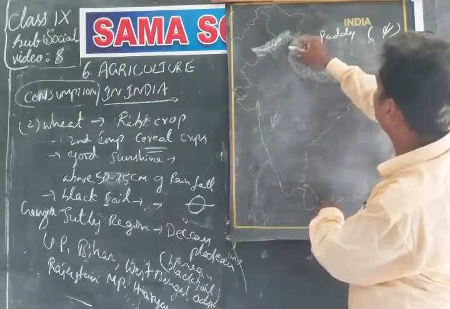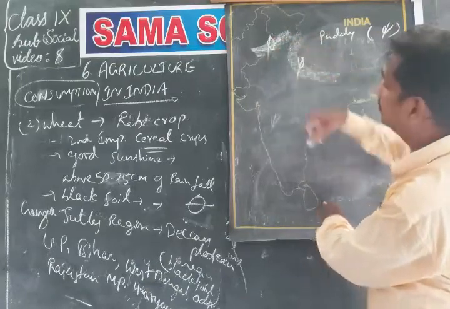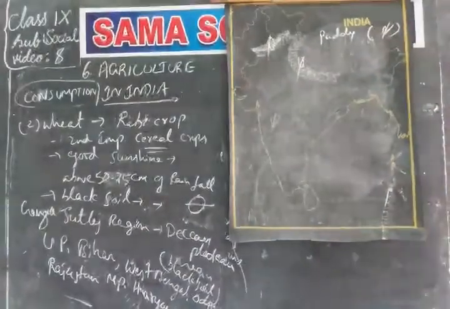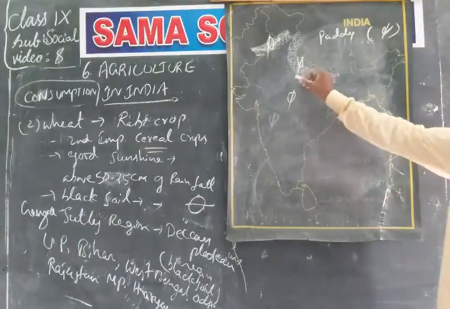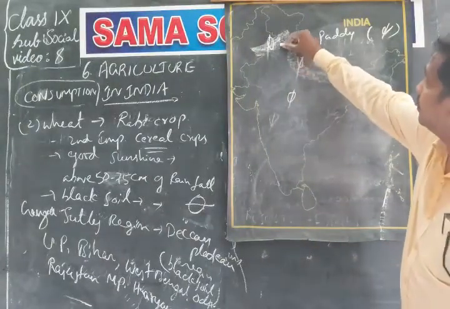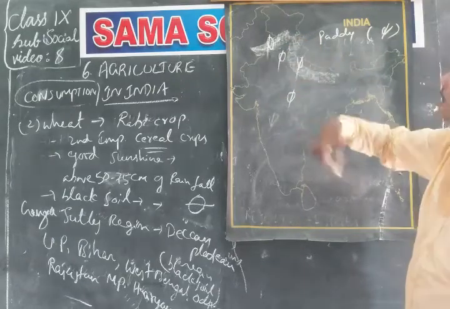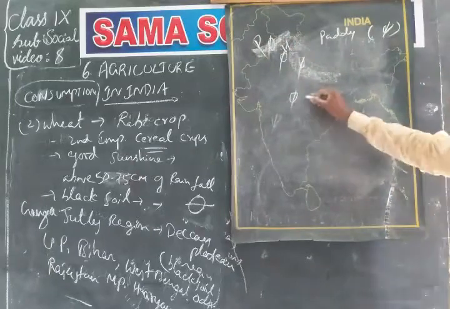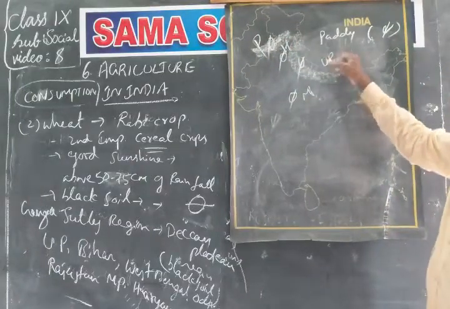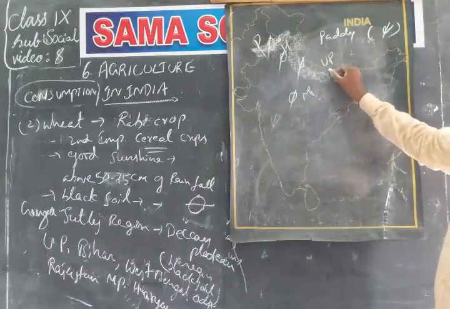In these two regions we find the wheat crop majorly, and following that Madhya Pradesh, Punjab and Haryana, Madhya Pradesh, UP, and also Bihar.